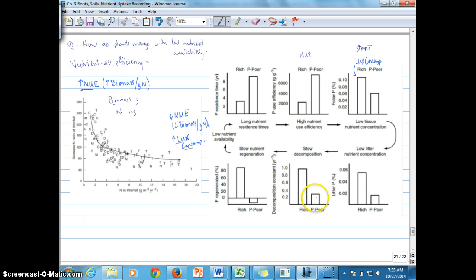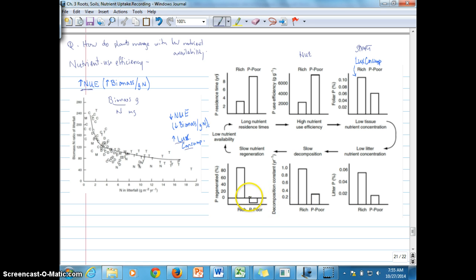Because it's decomposing slower, the regeneration of phosphorus in the soil is not only lower than in phosphorus-rich soils, but it's even below zero. So there can be an immobilization of phosphorus, meaning not being made available to plants over a period of time.